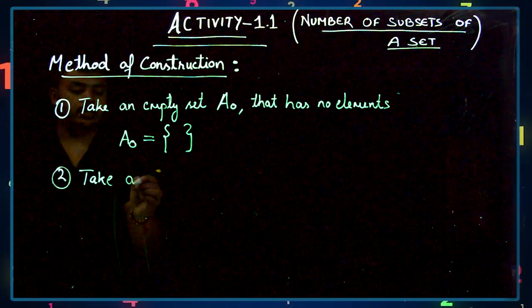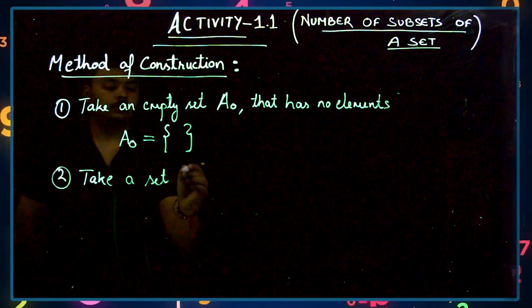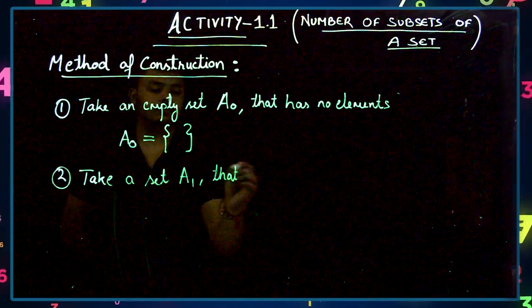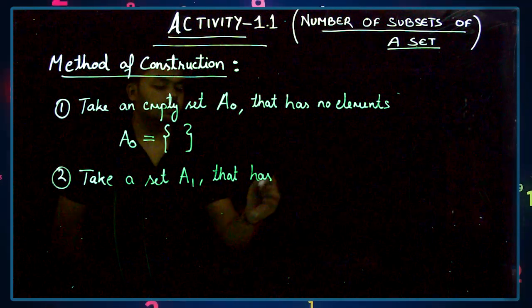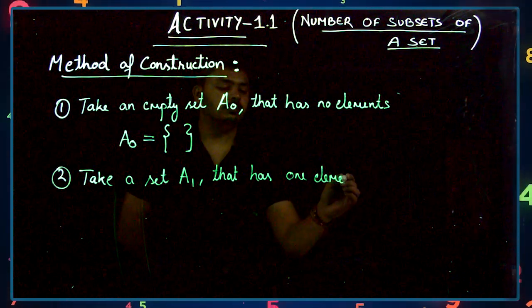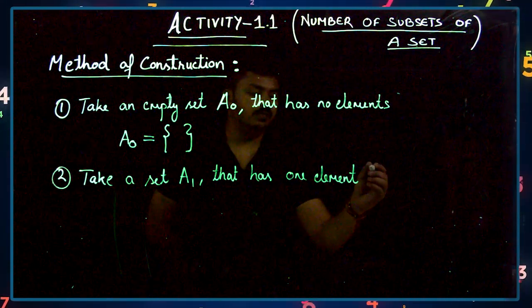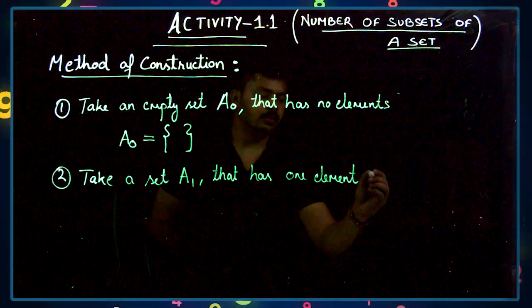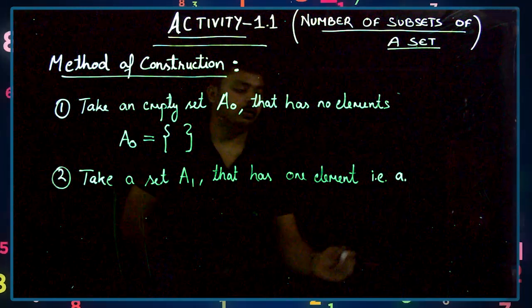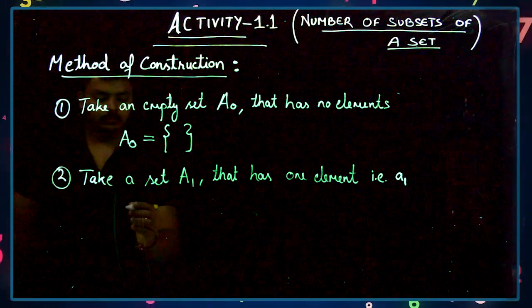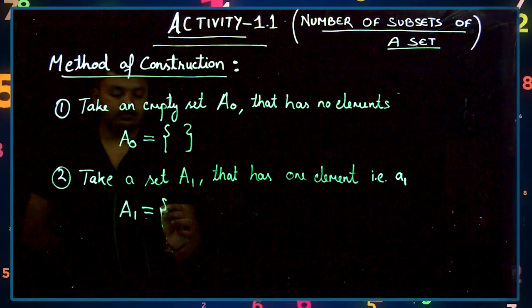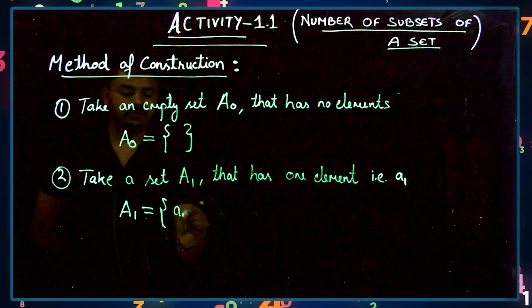Second, take a set A1 that has one element. Let's say the one element is a1. So the A1 set has one element, a1.